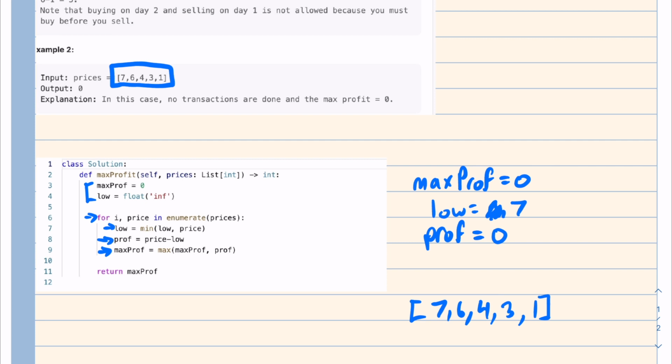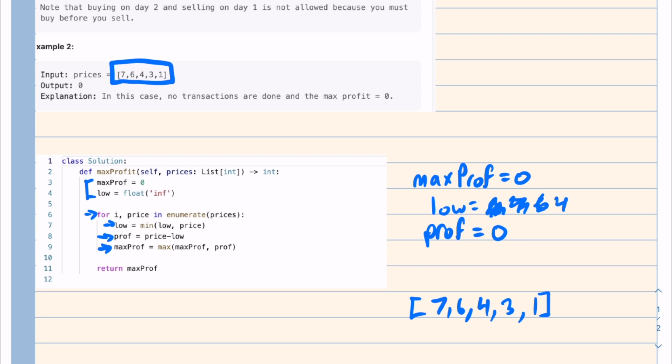Then our low becomes 6. And 6 minus 6 is still 0. So our profit is 0, max profit is unchanged. And this will happen with every single value. We need a price increase at some point for us to turn a profit. So that's why that doesn't work.